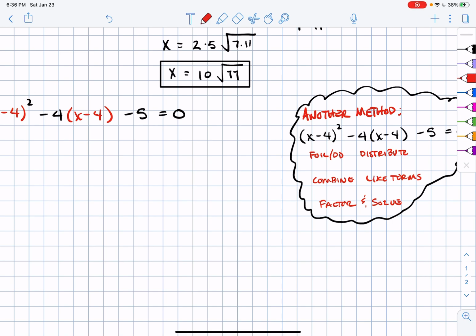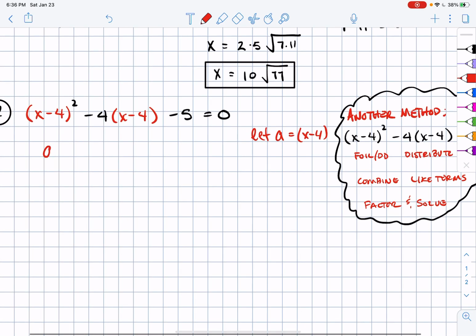So I'm going to say let a equal x minus 4. So if I did that, I'll have a squared minus 4 times a minus 5 is equal to 0. So now when I see that a in there, it looks like a traditional regular quadratic equation, nothing special. I can definitely do this. So from here I can factor, right?